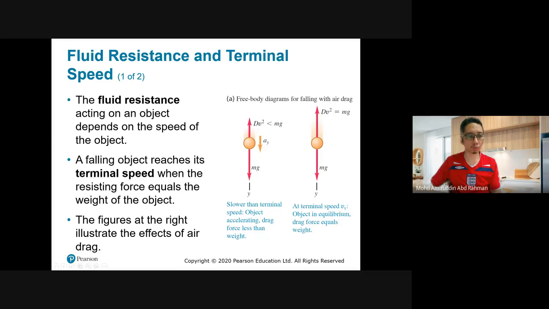When the object moves further down, later it will have the drag force, dv squared, equal to the gravitational force, which we consider as the weight, mg. So at the terminal speed, we have dv squared equals mg.